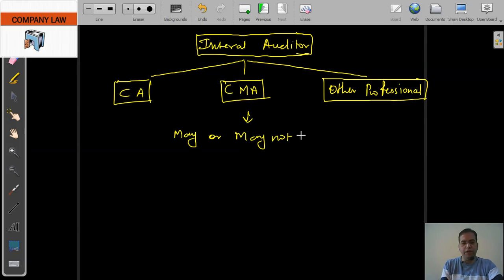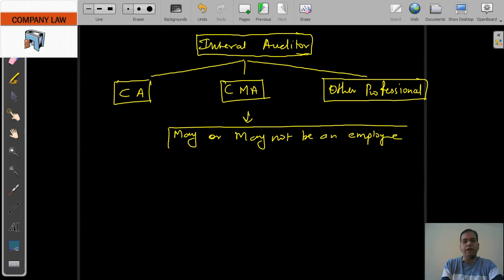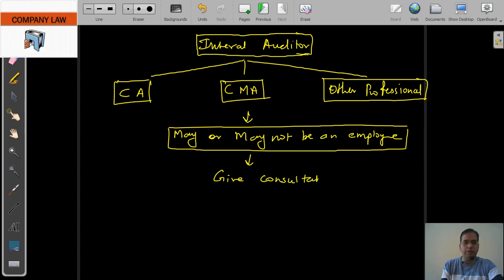He may or may not be an employee, because this is an internal matter, and that is the reason the company may have a policy that they may have just an employee of the company who will take care of this internal audit. What is his role? Give consultation. To whom?